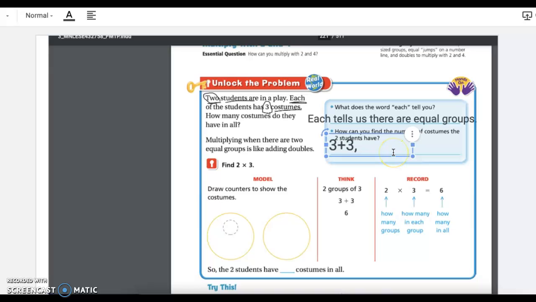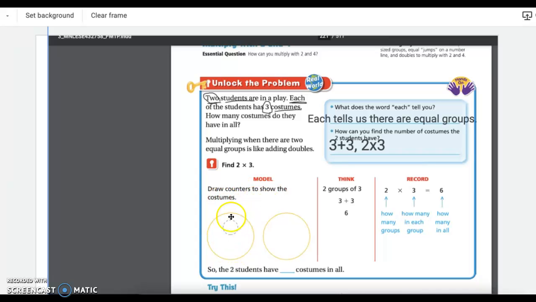So it would be 3 plus 3. Or I could say there are 2 students and they each have 3 costumes. So it would be 2 times 3. Okay? Now, multiplying when there are 2 equal groups is like adding doubles. So if we are trying to find doubles, we're trying to find the equal groups, okay?